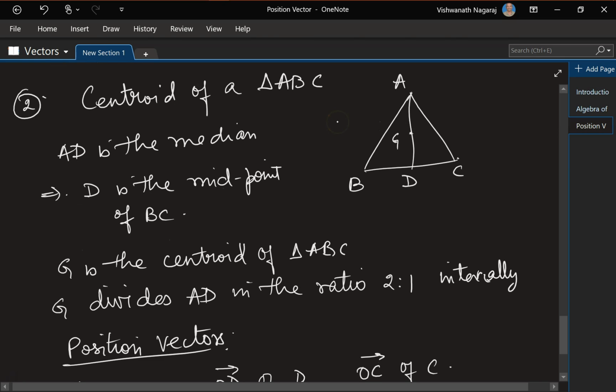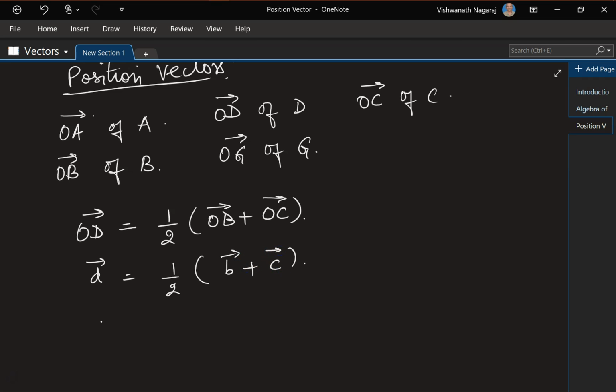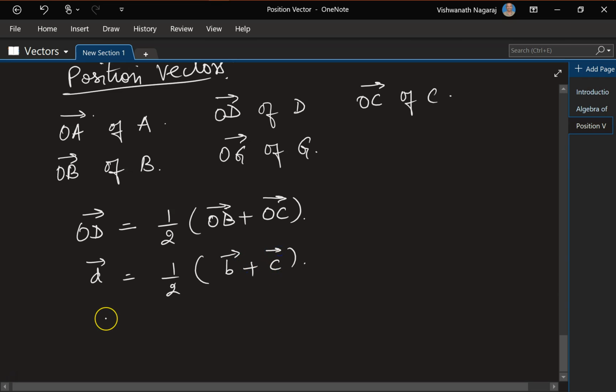We can say A, B, C. These are position vectors. D, and let's say this is R. So that means this can be written as D is equal to half of (B plus C). This is 1.